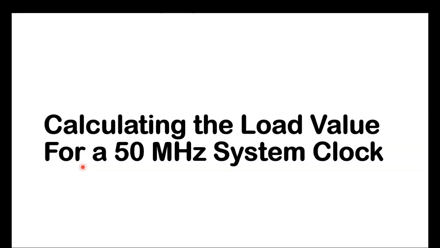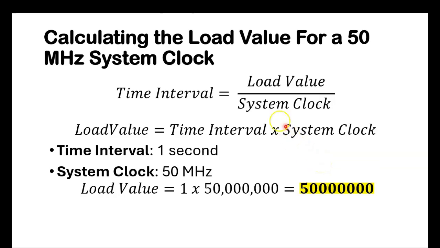Let's calculate the load value for a 50 megahertz system clock. Here is the equation for the time interval: time interval equals load value divided by the system clock. If we rearrange this equation, we get load value equals time interval multiplied by system clock.